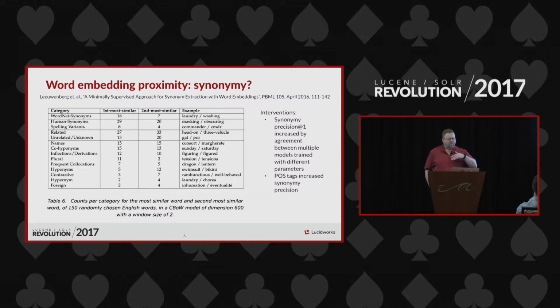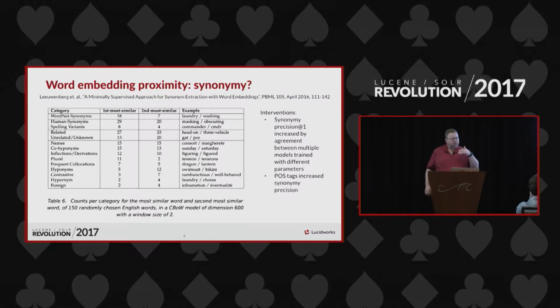And so what they did was they manually looked at a subset of English words and tried to figure out what the relation actually was between the most similar and the second most similar terms to the words that they had chosen randomly. And only a not very large subset actually related to synonymy there.